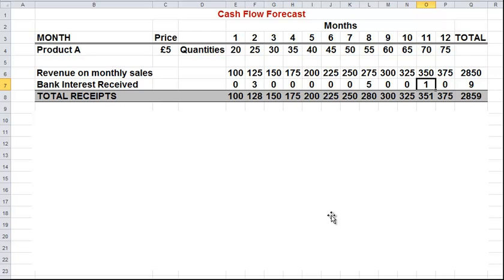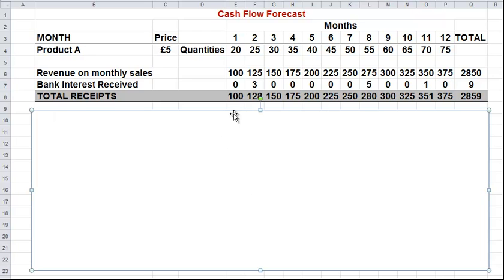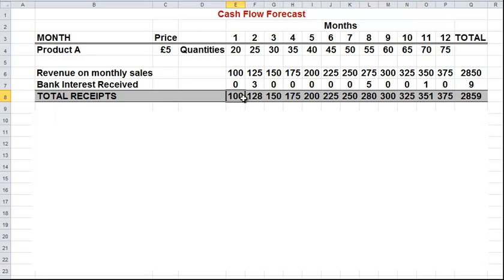So then we have the total receipts, of course, which is the sum of those two, and this one is 128, 125 plus 3, and over here 275 plus 5, which is 280, and the rest, of course, have nothing added.